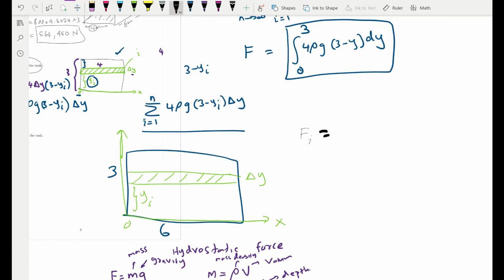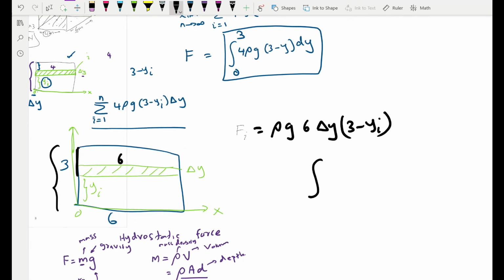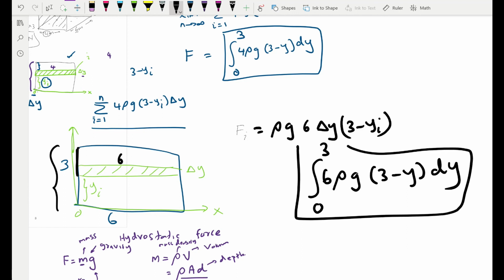That's going to be rho g, the area is now 6 delta y since the length is 6, and the depth is 3 minus yi. So that's the force on one slice. If you write the integral, you are integrating from 0 to 3, 6 rho g (3 minus y) dy. This is the integral that will give you the force acting upon the 3 by 6 side because of the water inside the tank.